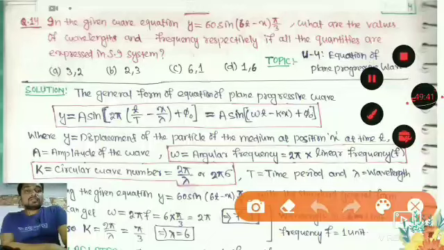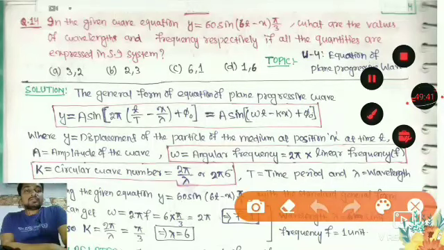That is, acceleration is proportional to the negative displacement. This is the differential equation of progressive wave: d square y by dt square equal to v square d square y by dx square.